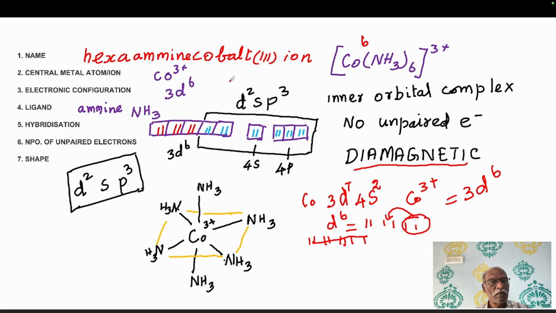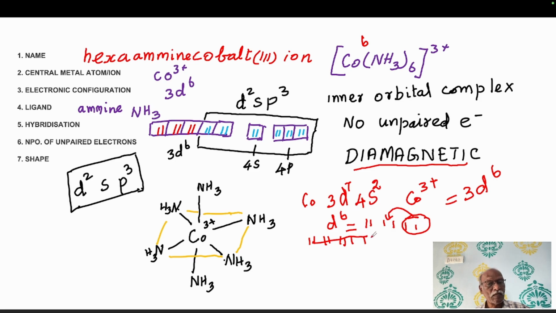Now, sum up. The name is hexaamine cobalt 3 ion. Formula is Co(NH3)6, the net charge is 3 positive. Central metal ion is cobalt 3 plus. Its electronic configuration is 3d6. The 3d6 is actually 2 1 1 1 1.